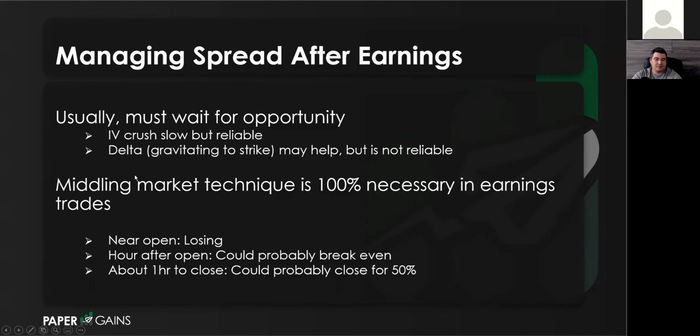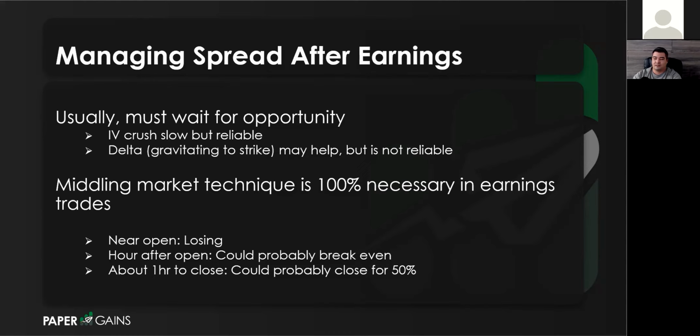So this is basically just managing it after. I think we touched on it a little bit. IV crush. So that IV crush calculation is extremely reliable. But like we mentioned before, sometimes it doesn't get crushed out of the gate. So when you wake up in the morning, if you look at it, it might be red out of the gate and you'll be like, what's happening?